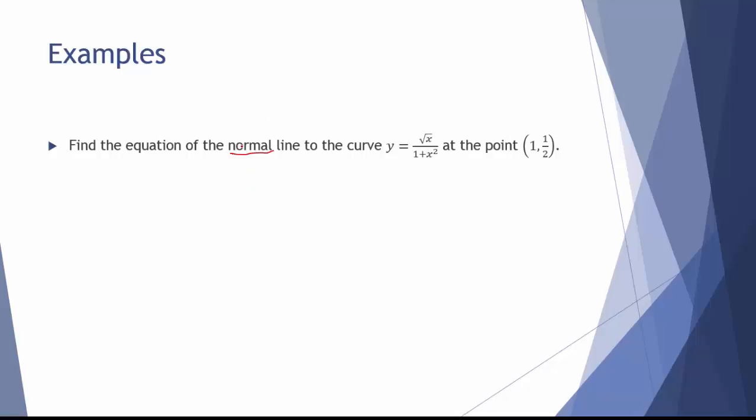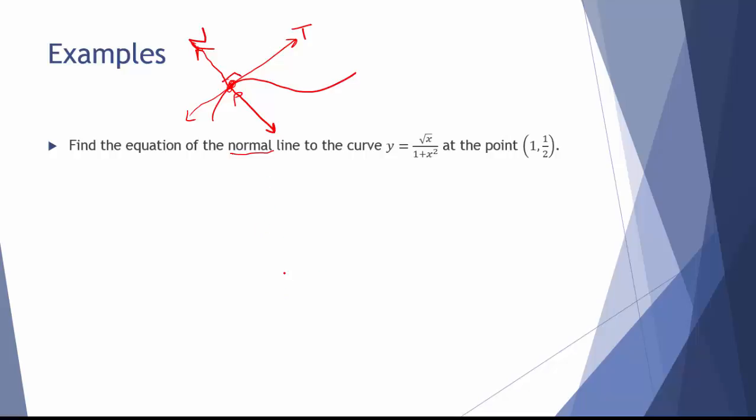In general, when you have a curve, and you're talking about this curve at a particular point P, if your tangent line at that point P looks like this, then the normal line at P is the line perpendicular to the tangent line at P. So these two are perpendicular to one another.